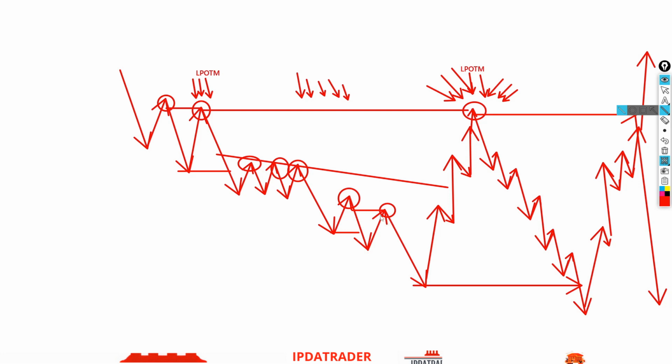The answer is looking at structure. Structure will always give you the keys and will always tell you where we're potentially heading. If you would have paid attention to structure, it could look something like this. You may have the origin over there, the low over here, the mitigation over here, you made a new low, and you're potentially now shifting bullish.